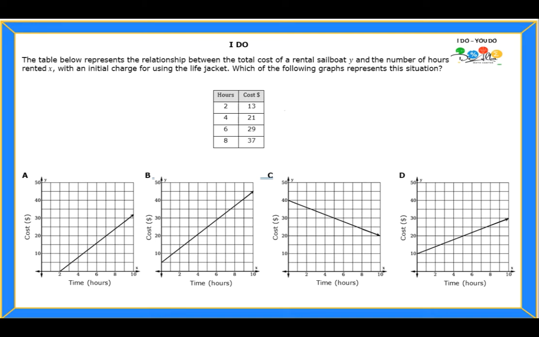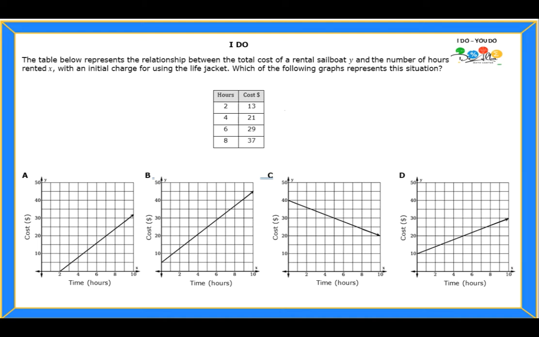And it says, the table below represents the relationship between the total cost of a rental sailboat, Y, and the number of hours rented, X, with an initial charge for using the life jacket. Which of the following graphs represents this situation?